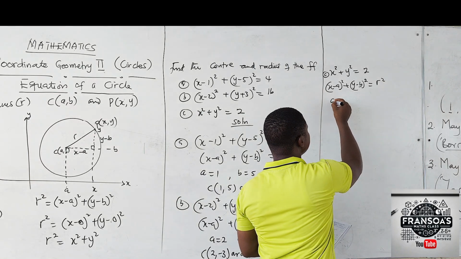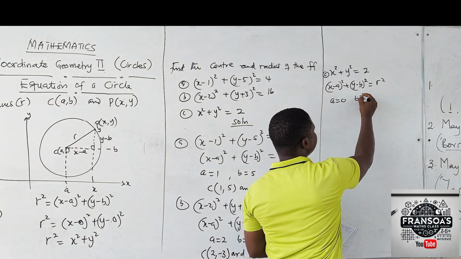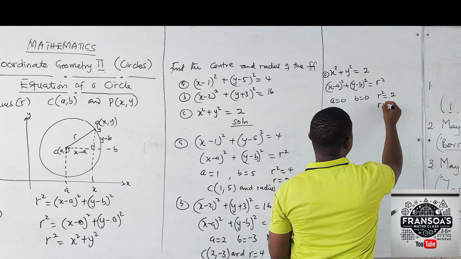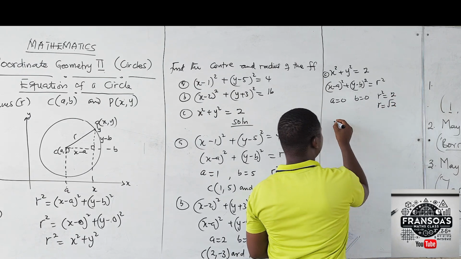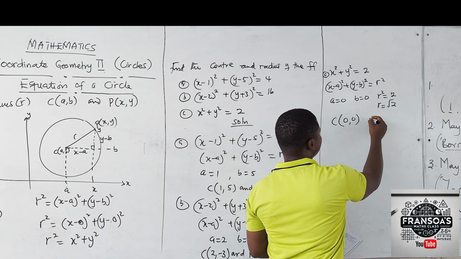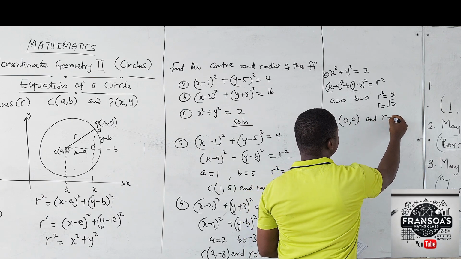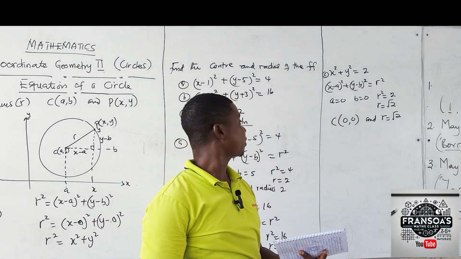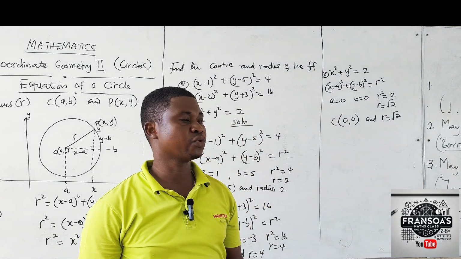So our a is equal to 0, and our b is equal to 0, and our r squared is equal to 2. So our r will give us root 2. So we have the equation of a circle with center (0, 0) and r equal to root 2. And this solves the 3 questions that were given for us to try.